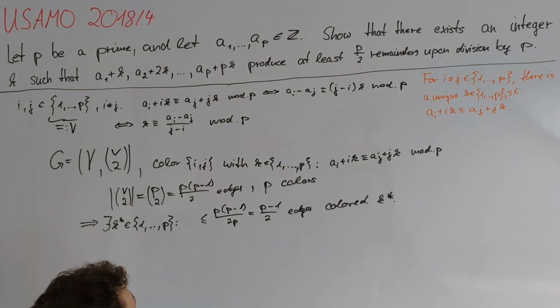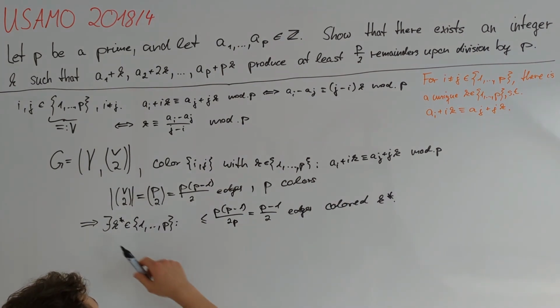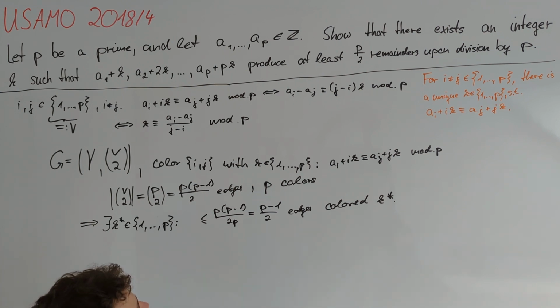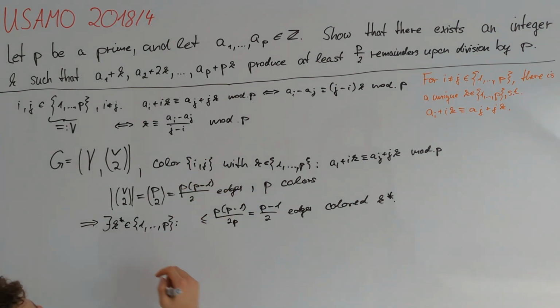Now it is a good guess that our color k star is actually of the form that we want, because there are few edges colored with k star, so we might expect many different remainders upon division by p when substituting k star. Therefore, we only want to restrict ourselves to that color from now on.